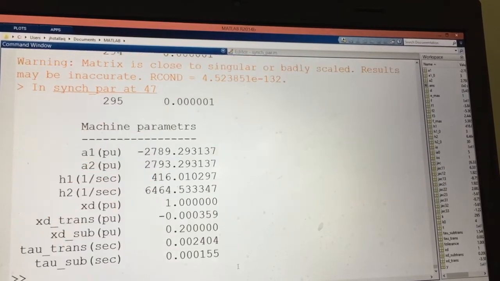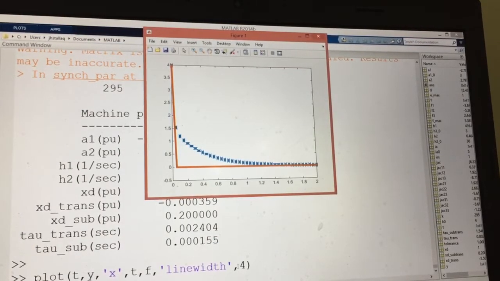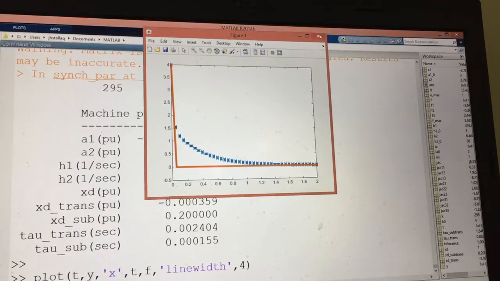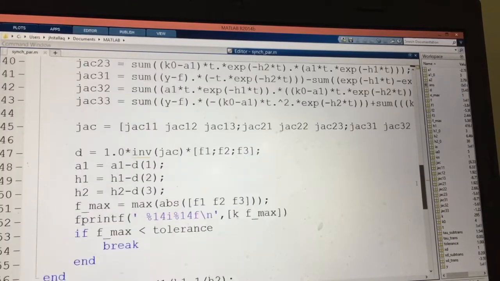And if you plot this, you see, they are not the same. So you are sure that your solution is not correct. Okay. So to avoid that, let me try to slow the convergence a little bit.